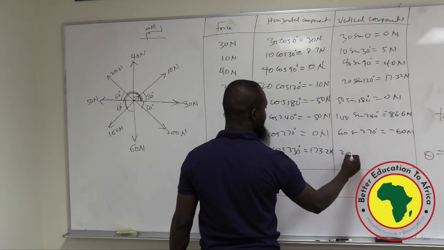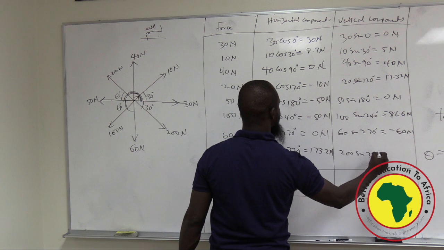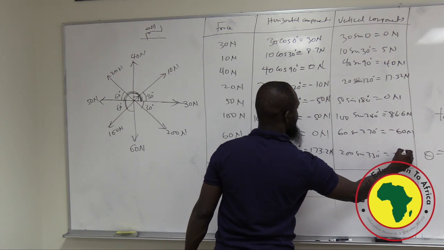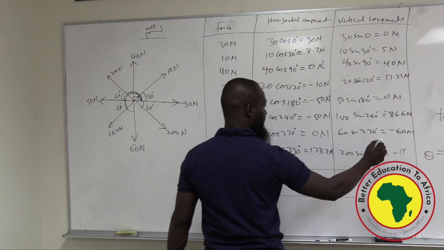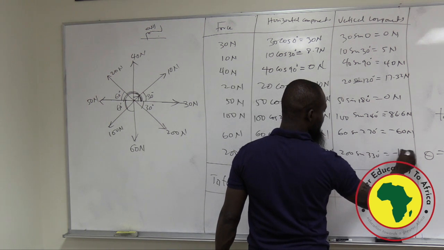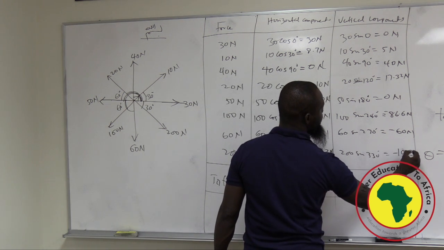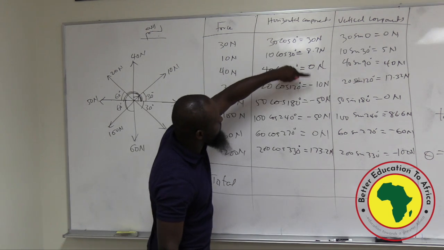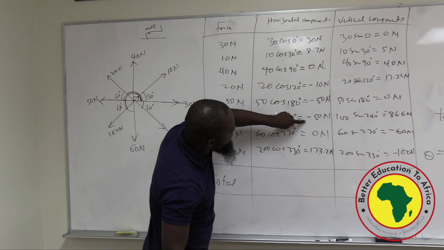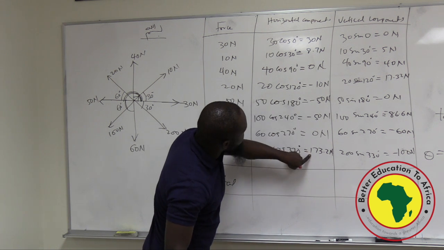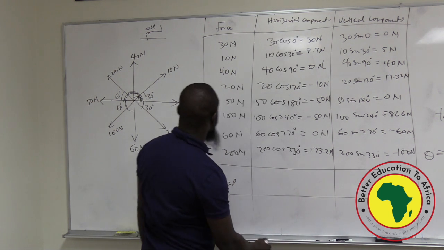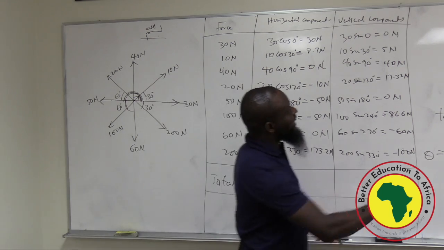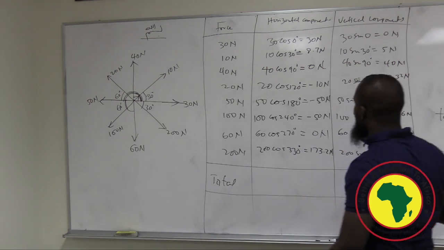And 200 sine 330 degrees is minus 0.5, so minus 100 newtons. Yes, I change all the cosines to sines and I get the values. Then I sum all these up: minus 50, minus 10, minus 60, minus 110, plus 173.2. I sum everything up and I get exactly what I got before, 101.9.